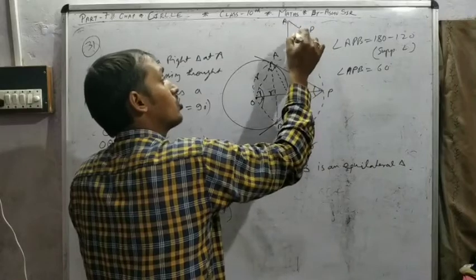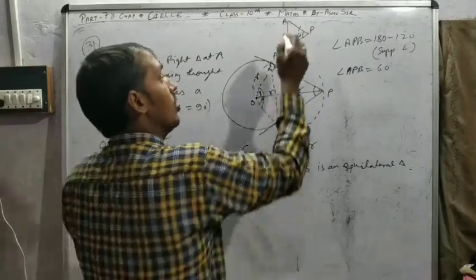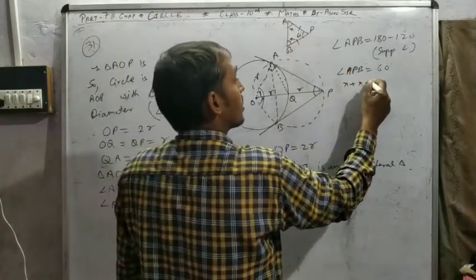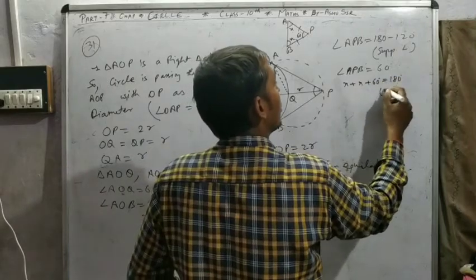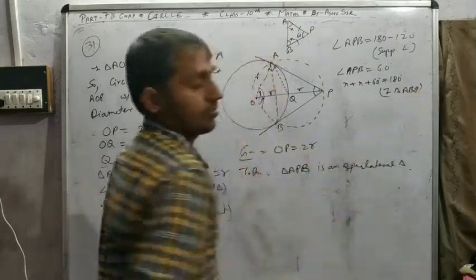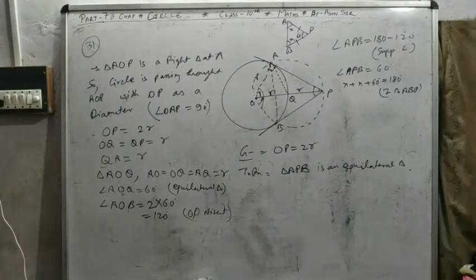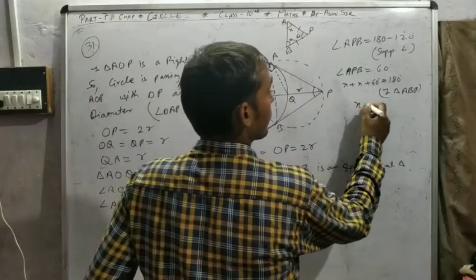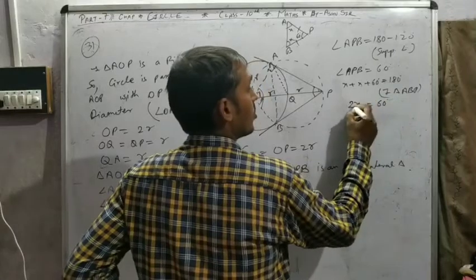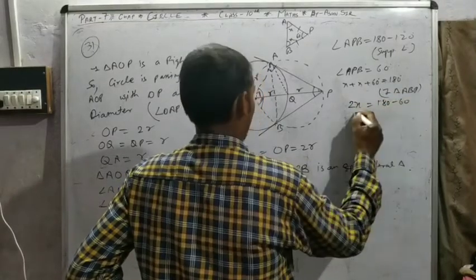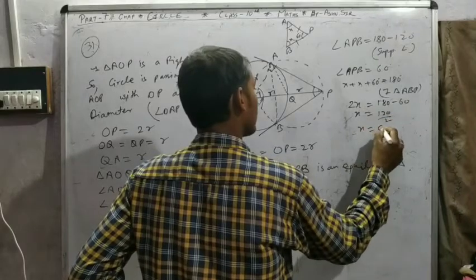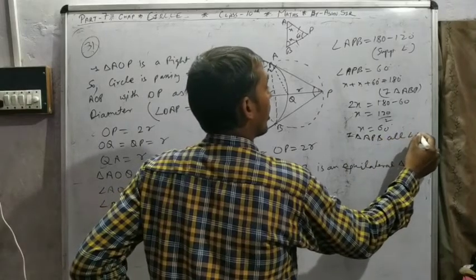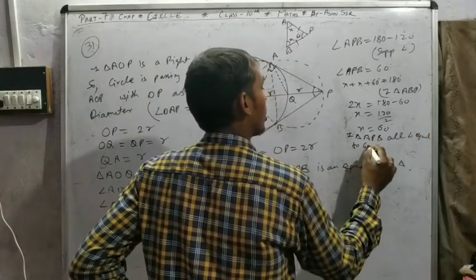These two equal, this is 60. So suppose this is x, this is also x. X plus X plus 60 is equal to 180 in triangle ABP. So 2x is equal to 180 minus 60, so the value of x is 60. In triangle APB, all angles equal to 60 degree.